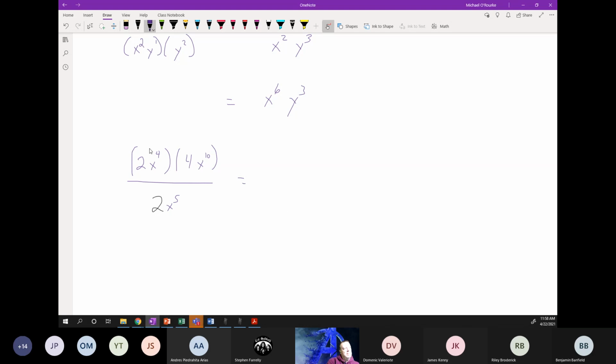So this one here, the top is going to be 8x to the 14 divided by x to the 5. So that'll equal 4x to the 9.